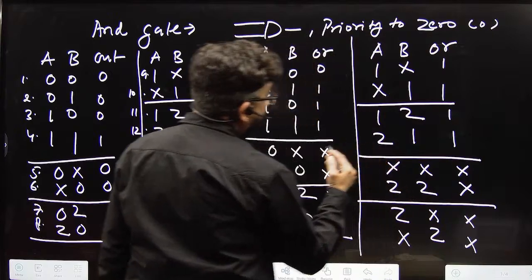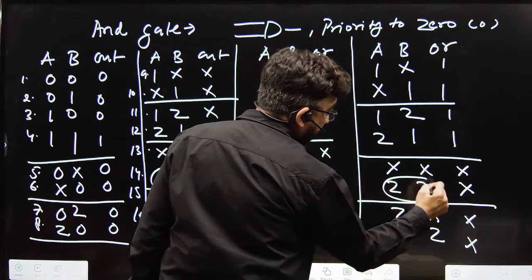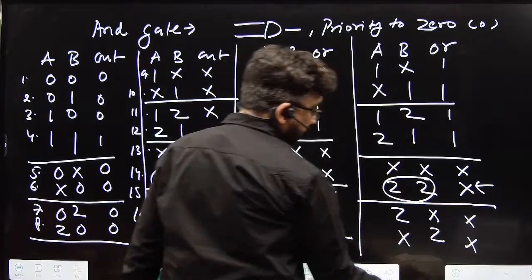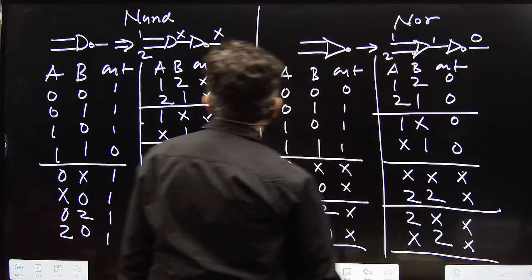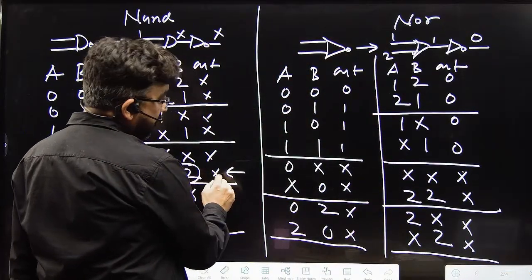So in case of OR, if ZZ, output is X. Okay, in case of NAND, ZZ, output is X.